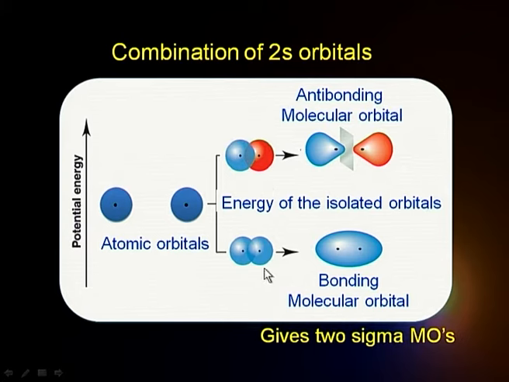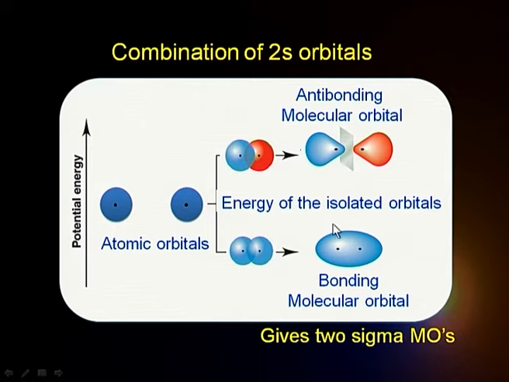When they combine constructively, a bonding molecular orbital is formed, which means the electron density in the internuclear region is highly increased. And in the antibonding molecular orbital, the electron density in the internuclear region is diminished extensively. So, the 2 kinds of molecular orbitals are formed.